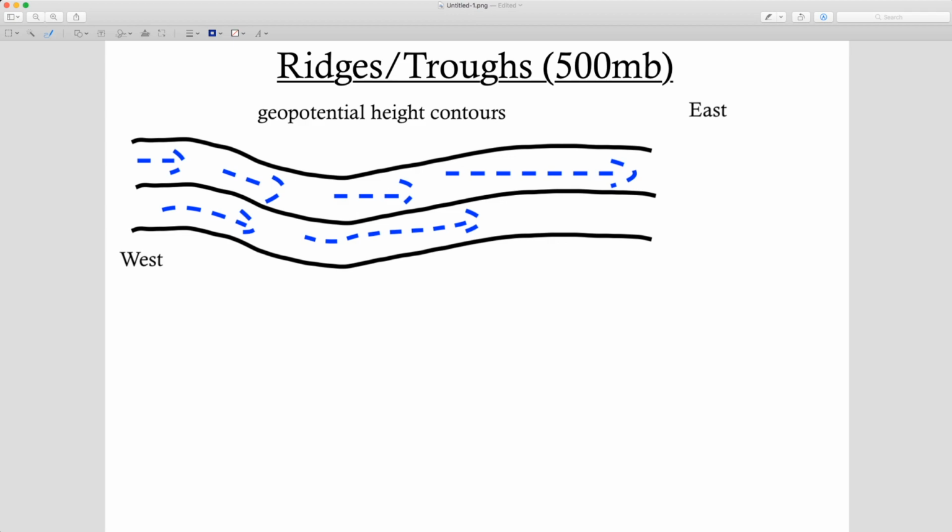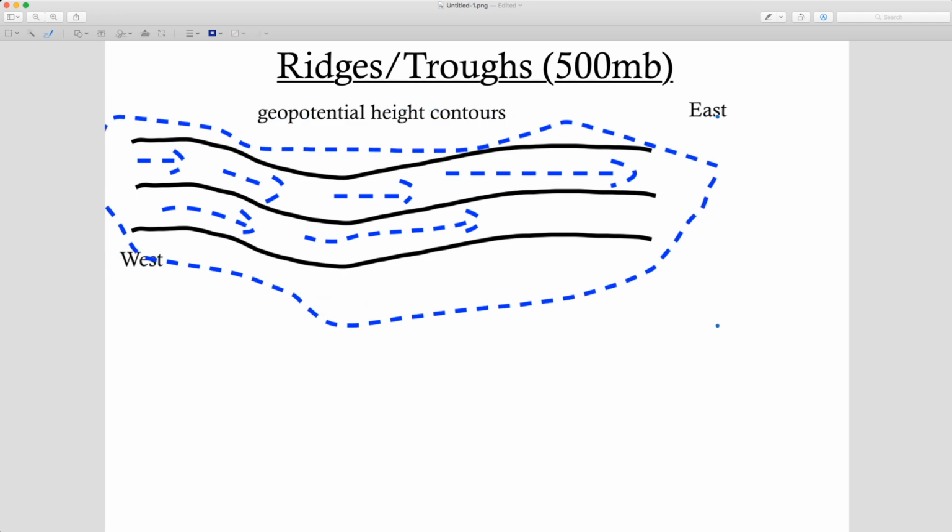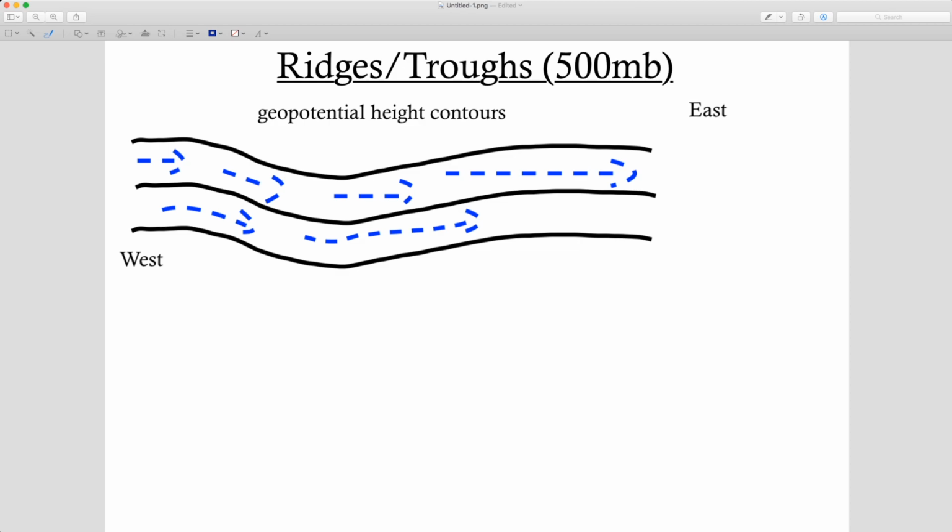So you see this pattern. This pattern is called zonal. Let's just keep it simple.